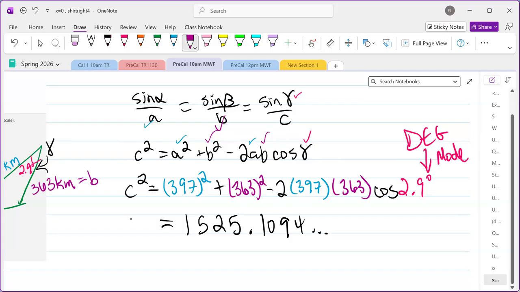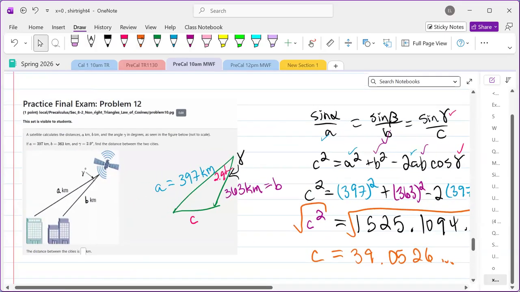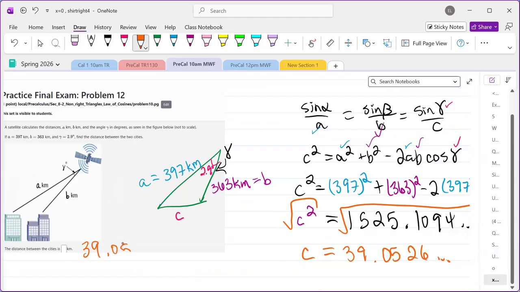Yep. This is c squared. I need to square root it. So I raise that answer to the 0.5 power, and it gives me a c of 39.0526. It didn't give us rounding directions, so whatever you want. So 39.05 is good.